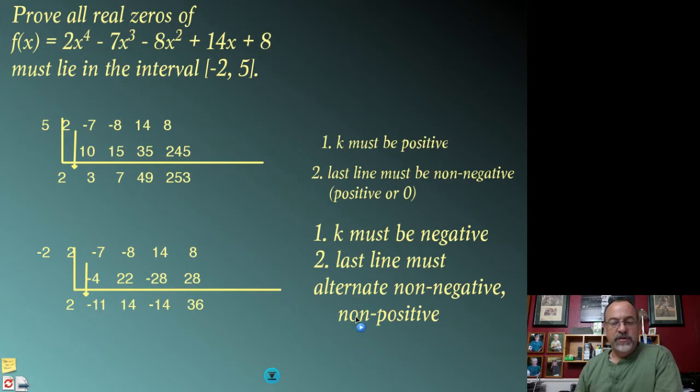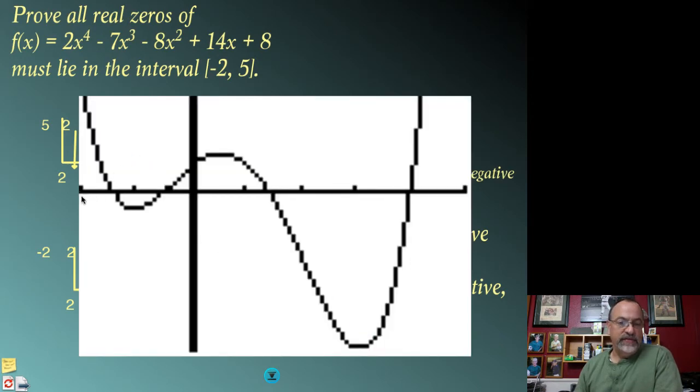And because it does alternate, then negative 2 is the lower boundary. So we know then that the graph, here's negative 2 and here's 5, we have these zeros in here. I know for certain that there are no other zeros above this 5 and there are no other zeros below this negative 2. So the upper and lower boundary test for the zeros is showing that the zeros are in a certain interval.